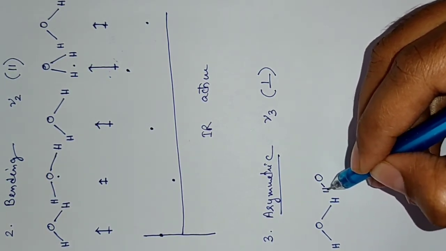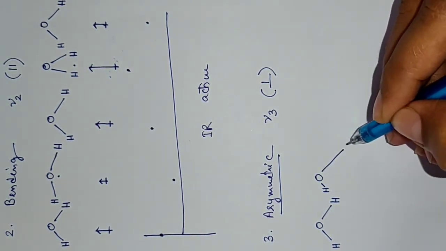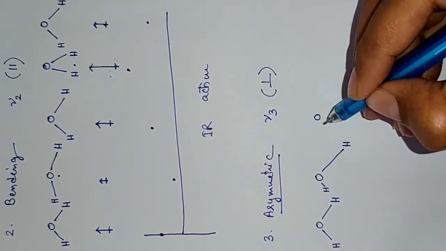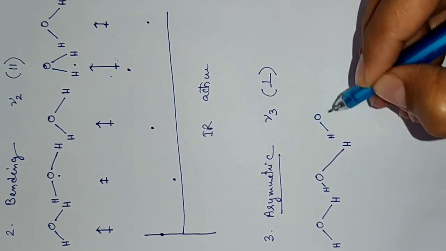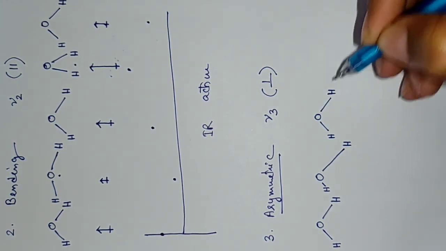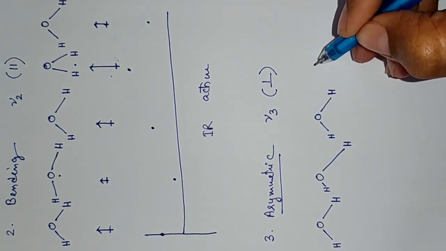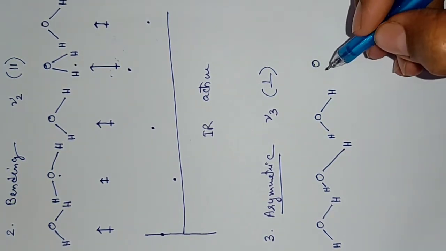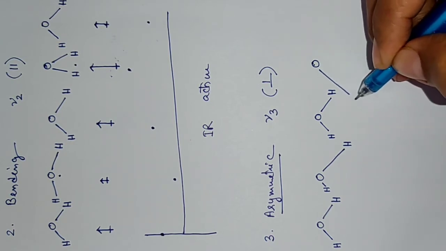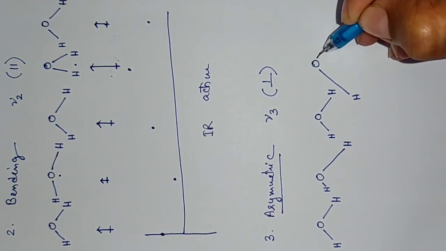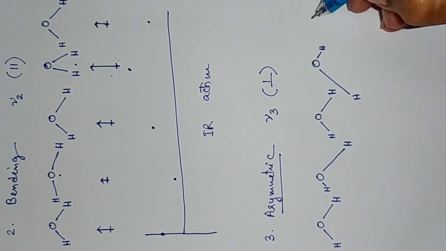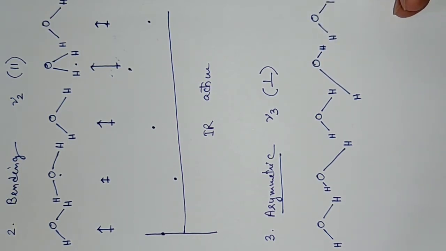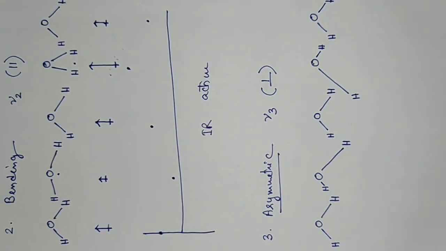See, this one will contract and this bond will elongate. Again the equilibrium configuration will be attained, then this bond will elongate, this one will contract, and then the equilibrium configuration will be again attained to complete the oscillation process.